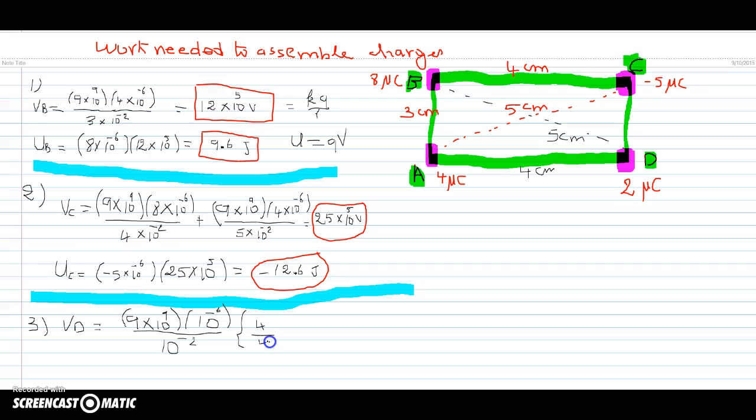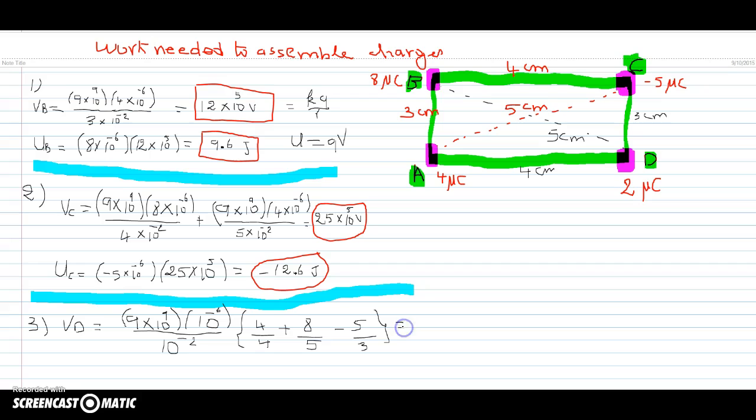At 4 centimeters, I factor out the 10 to the negative 2. And then the contribution of 8, so plus 8. The distance is 5. And then here minus 5. I have factored the micro, and the distance is 3 centimeters. This is also 3 centimeters. Alright, 3, and I have factored out the 3.